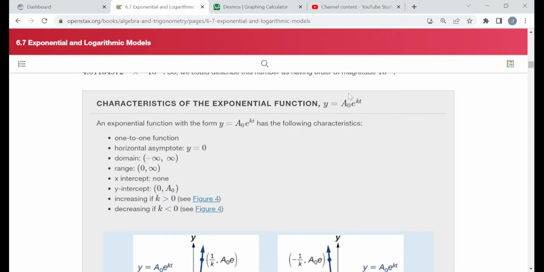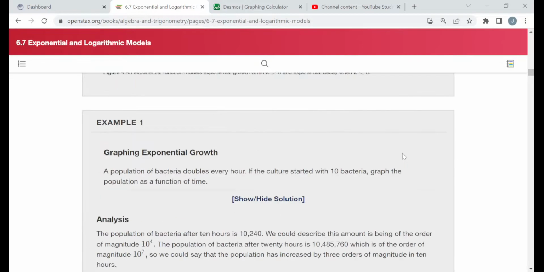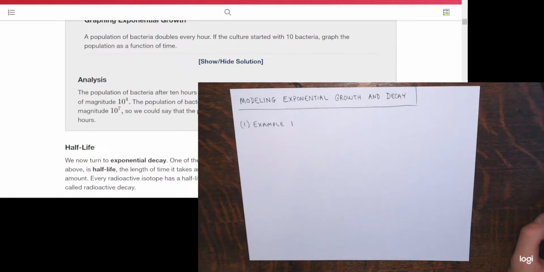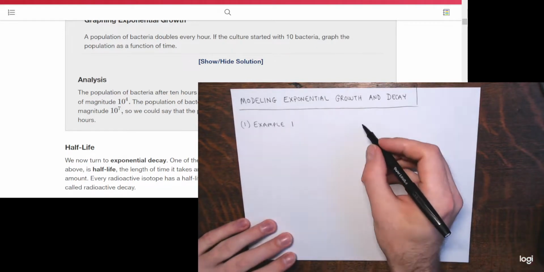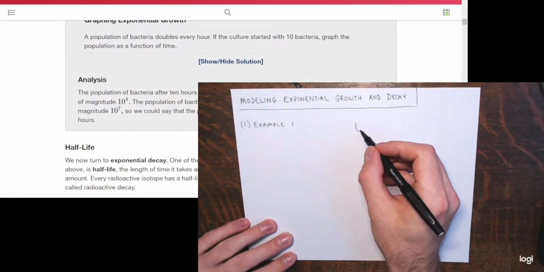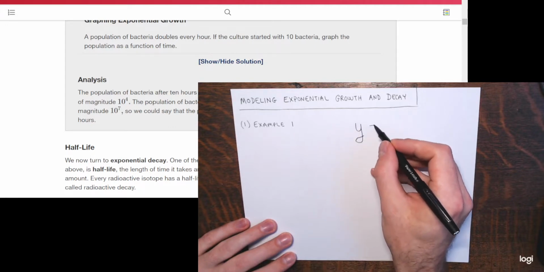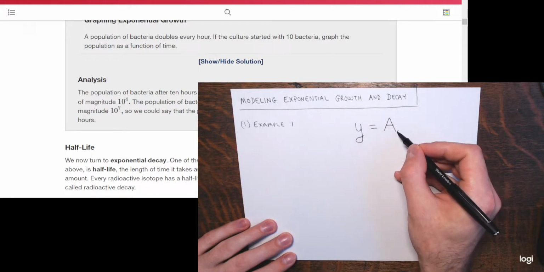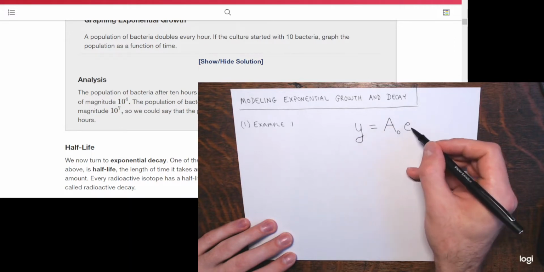To complete this model, you need to know the value of a sub 0 and k. I'll write this out so that you can still see the words from the example, and hopefully you can see my writing as well. The model we're using every single time is y equals a sub 0 times e to the kt.